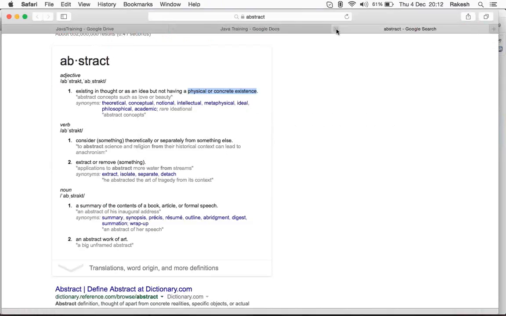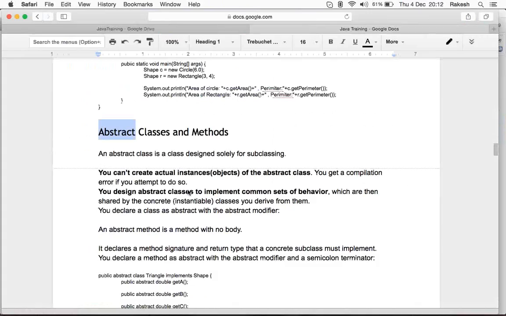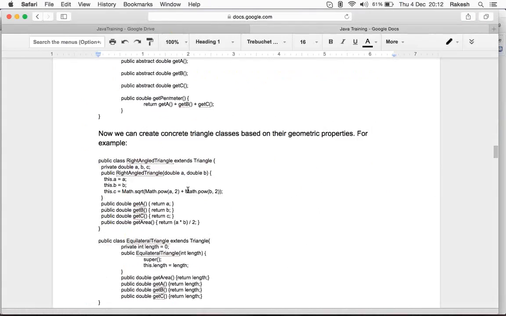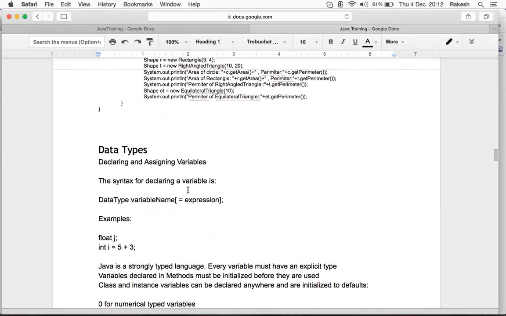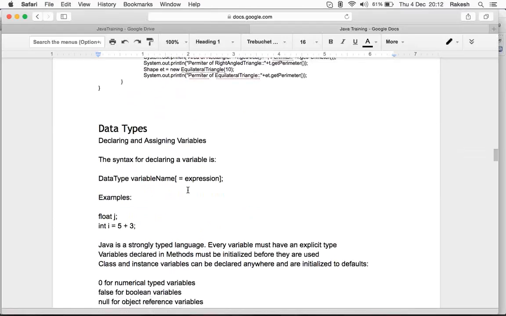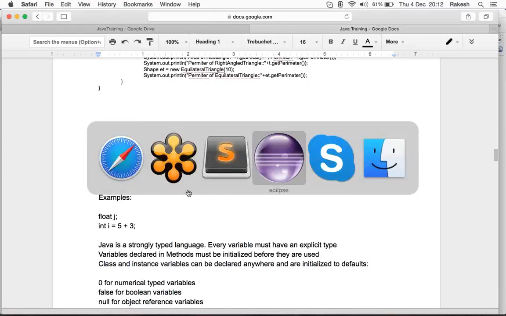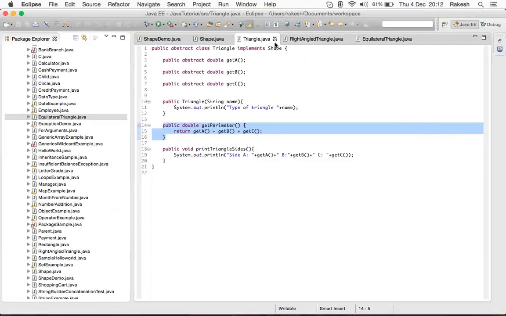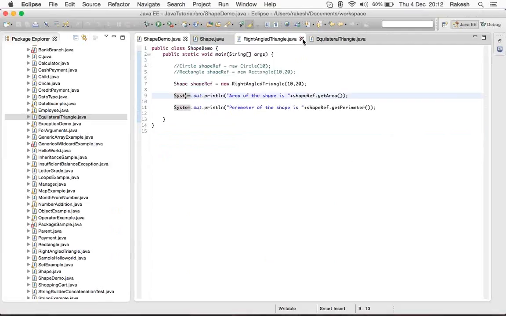Now let's see what's the next topic. The next topic is something called data types. We all have been using a few of the data types. Data types are what variables use to hold data in Java.